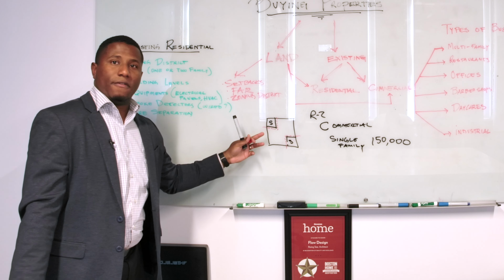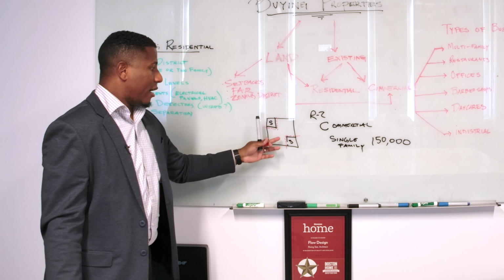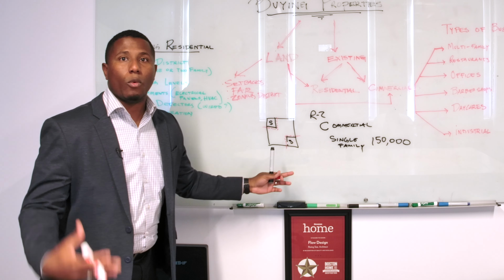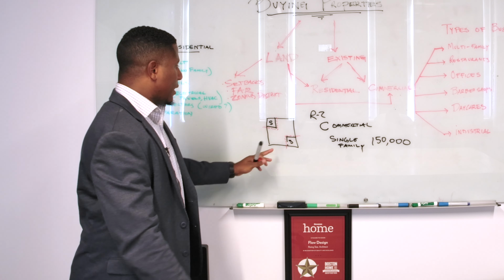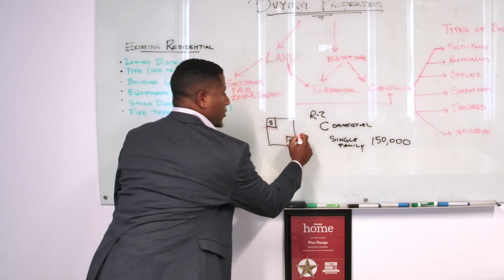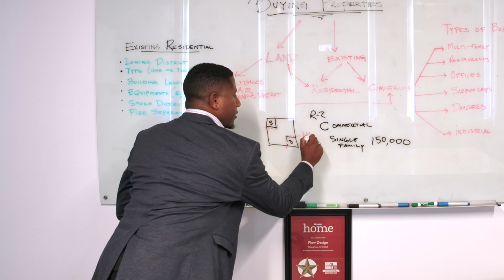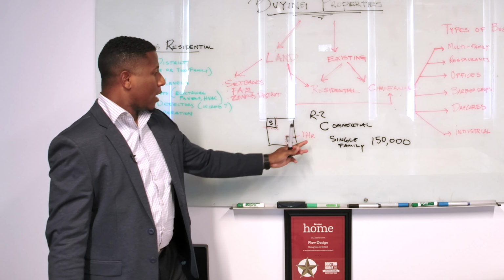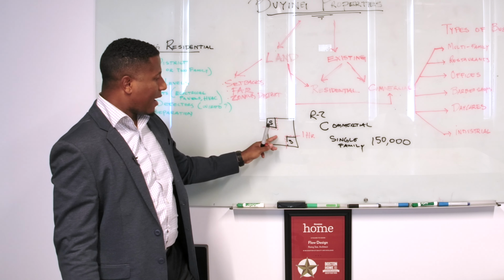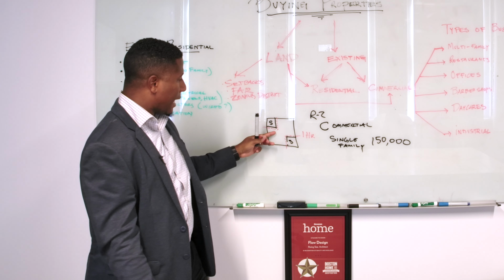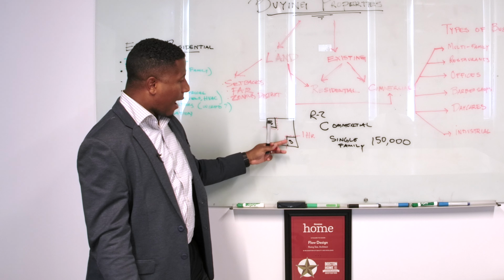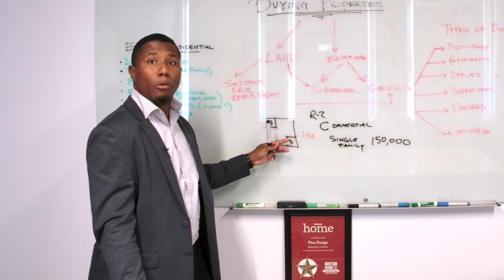The code specifies, let's say in these areas, a 1 hour rated wall. And I can go more into detail later on. But let's say it's a 1 hour rated wall. What that means is that if there's a fire here, it will most likely take an hour for that wall to burn completely.